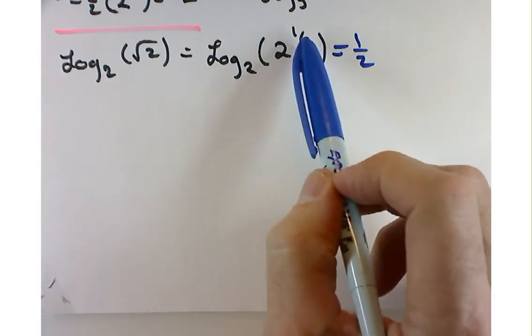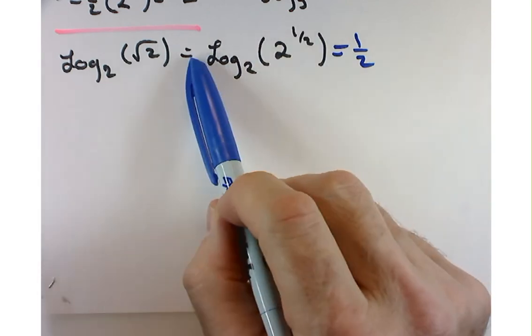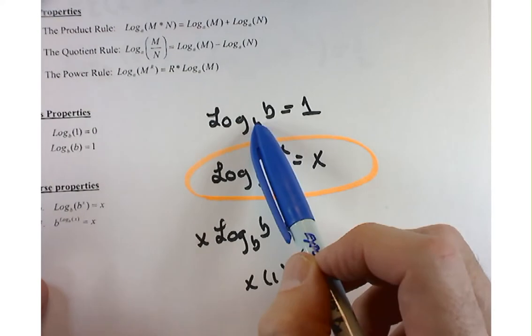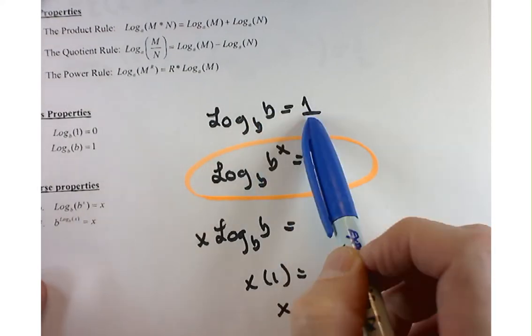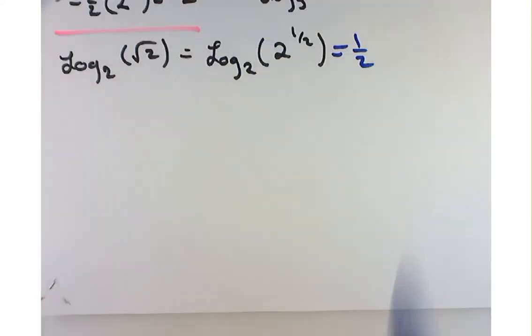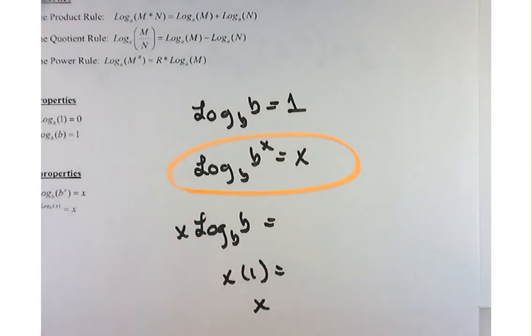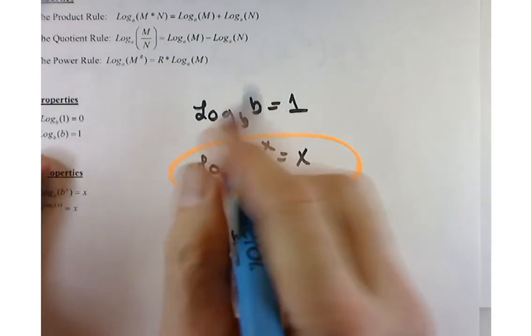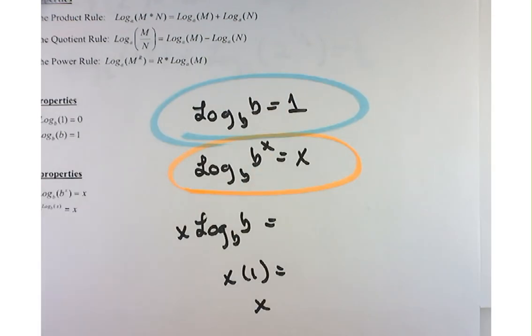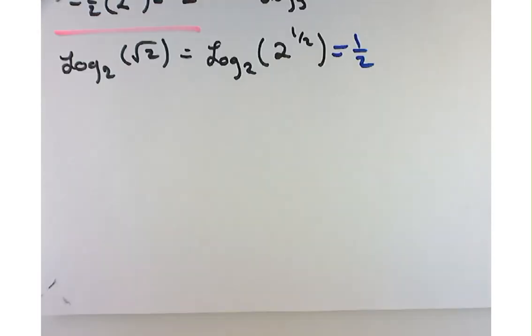You could alternately take the 1/2 out in front and then use this power. You'll have log base 2 of 2, which is 1 times the 1/2 out in front, still gives you 1/2. So whichever of these 2 properties you want to use, the one circled in orange or the one circled in blue, both of them work. All right, nice.